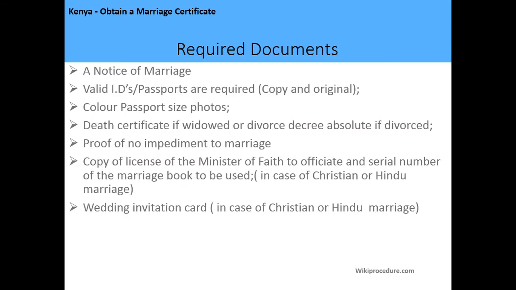Okay, so the required documents are the notice of marriage, the valid IDs, national identification cards, a valid passport is also required, passport photos, a death certificate if you are dealing with a widow or a widower, or a divorce decree if you are dealing with a divorcee, a proof of no impediment to marriage, a copy of the license of the minister of faith to officiate the marriage, and the serial number of the marriage book to be used in case you want to enter marriage through Christian marriage or Hindu marriage.